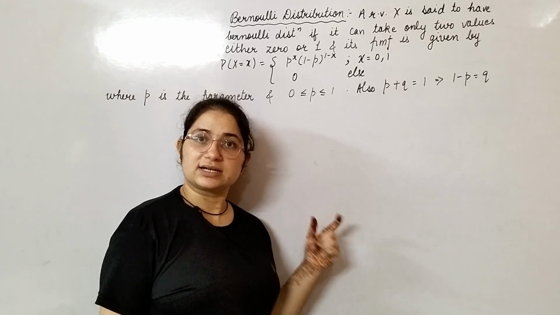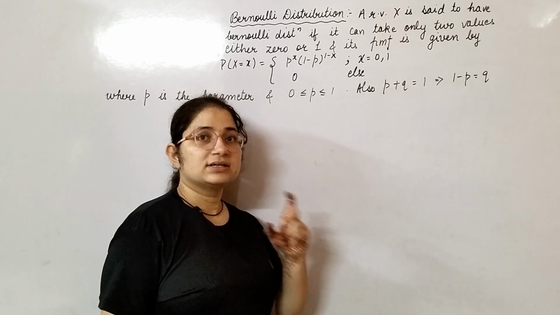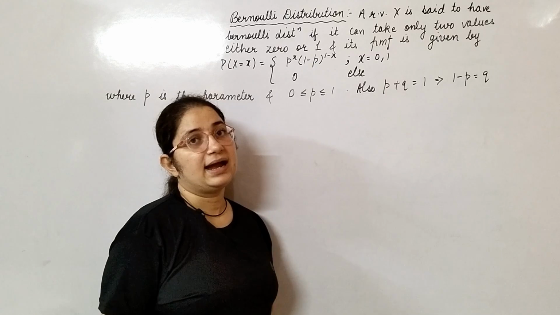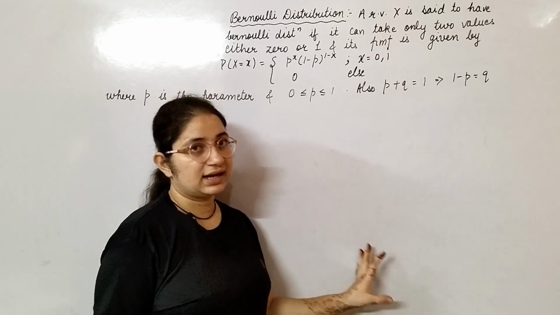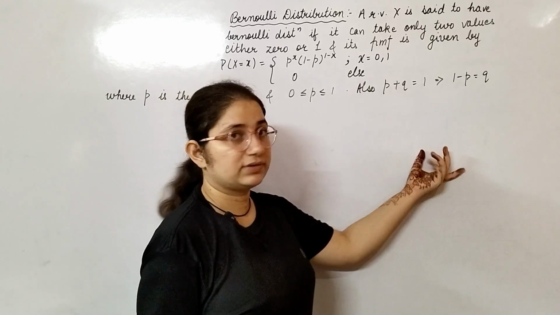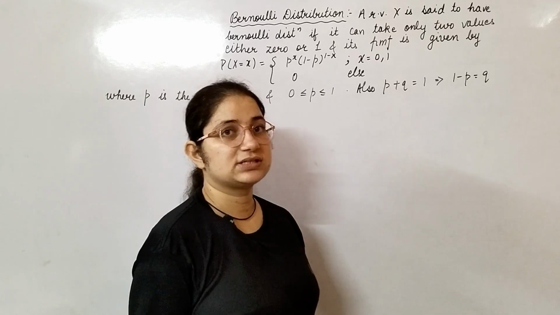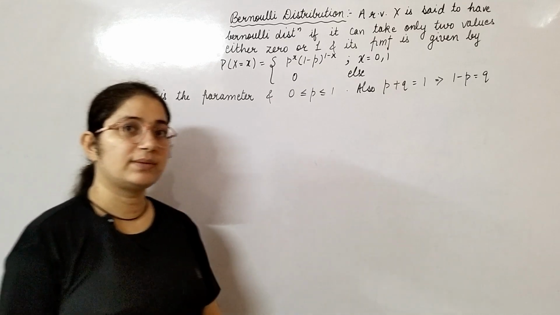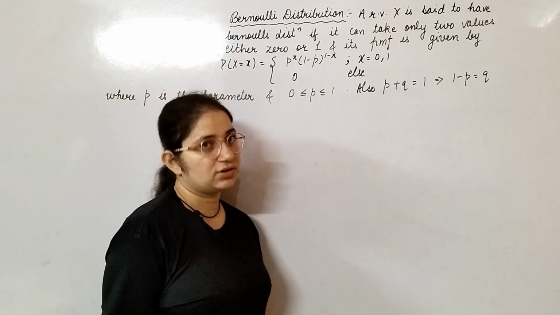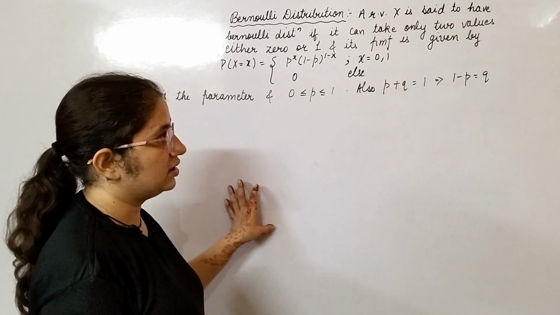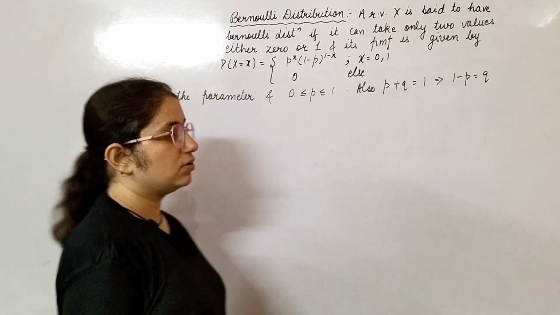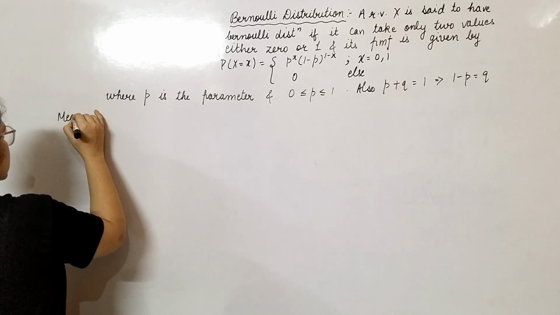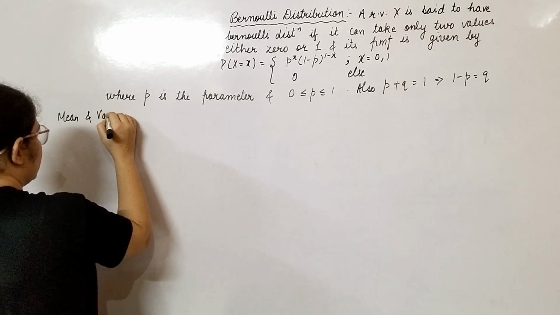If that success event comes out, in that case that probability will be p, and if the failure event comes out, in that case the probability of that event will be q, and p plus q, sum of all probability, is equal to 1. So here either event will be success or it will be failure, so p plus q is equal to 1.